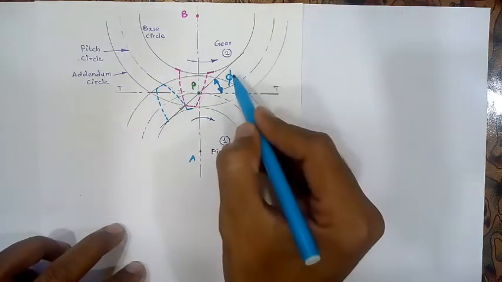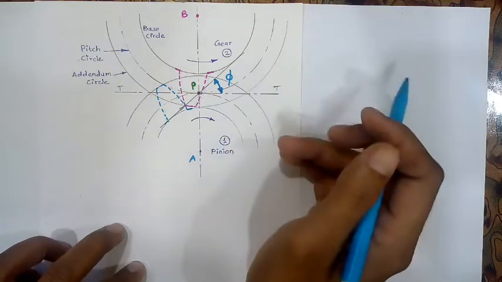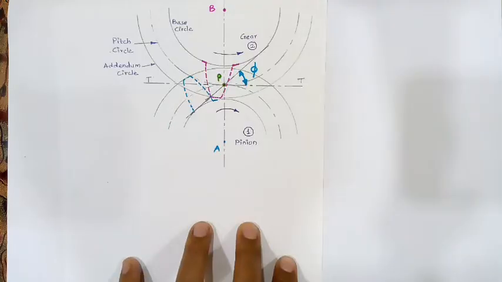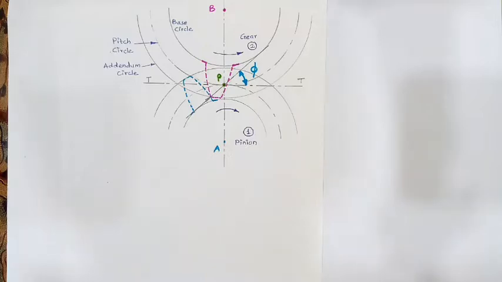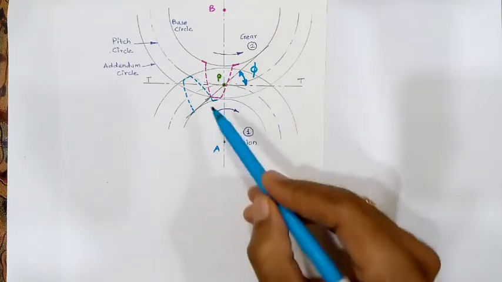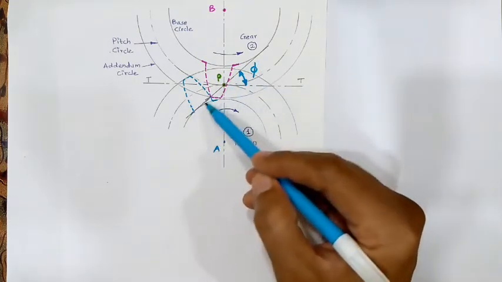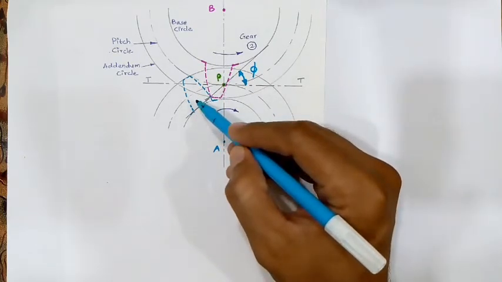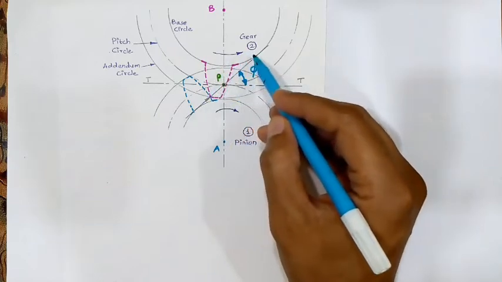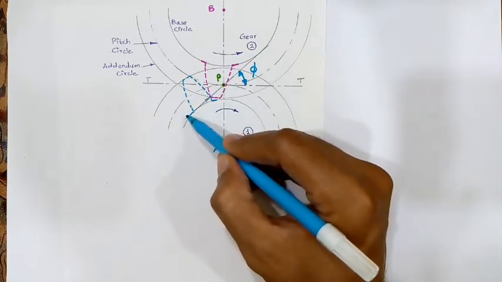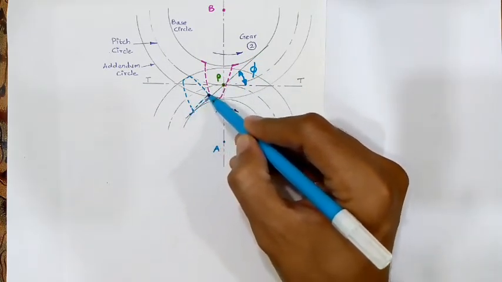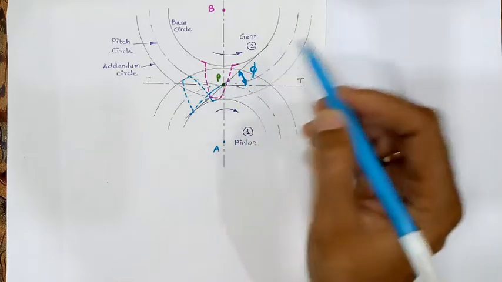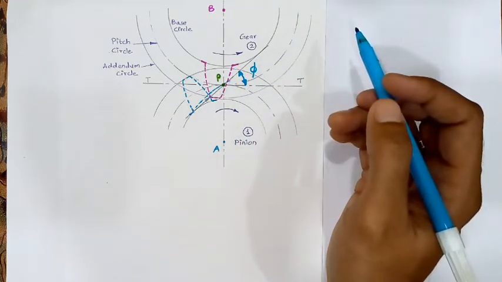The path of contact is a straight line in case of involute profile, but the path of contact or the pressure line is curvilinear when the profile of the gear tooth is cycloidal.